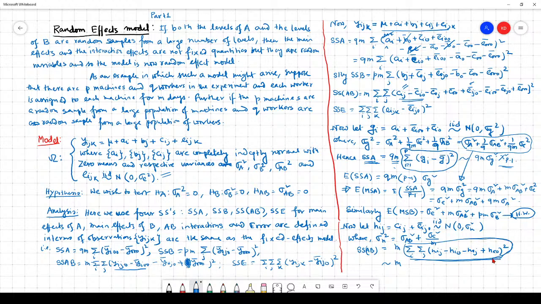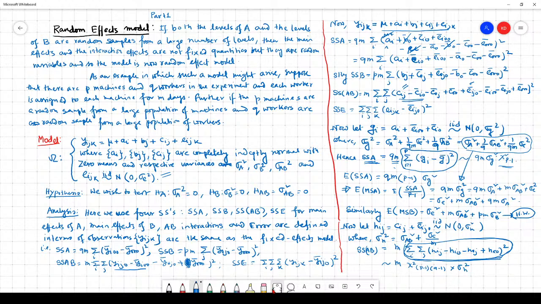This portion follows chi square with degrees of freedom equal to the error degrees of freedom of two-way ANOVA with one observation per cell, that is p minus 1 times q minus 1, times sigma H square.